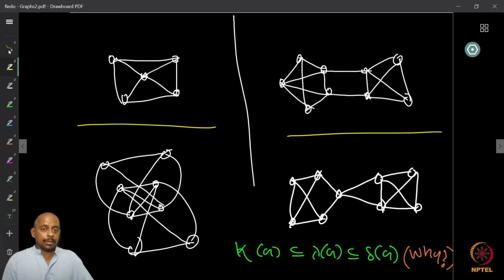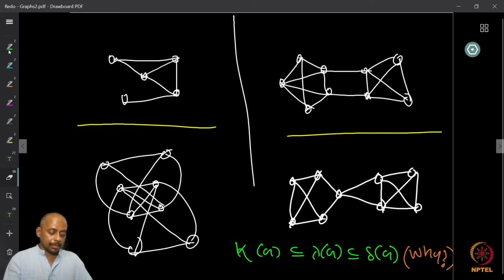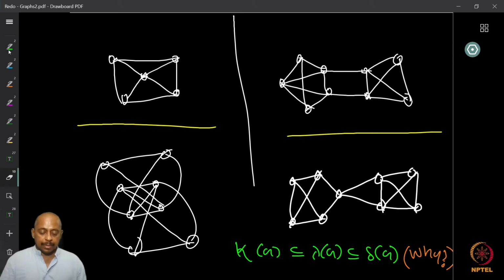But I can remove just 3 edges to make it disconnected. So therefore, it's 3 edge connected.